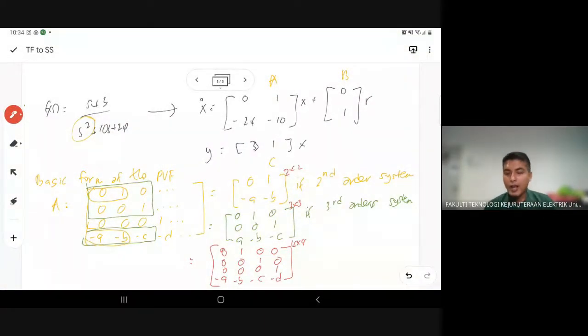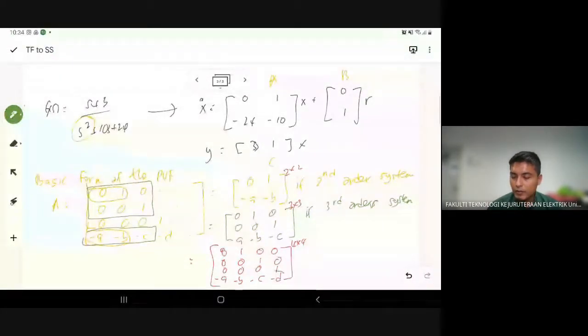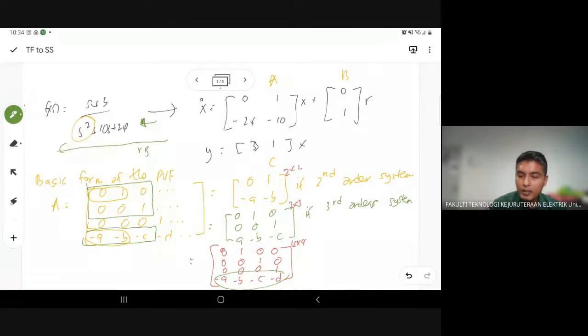Now I want to teach you how to fill this up to get these values. You need to look at the bottom part, the denominator, and read from right to left. The first on the right is 24.